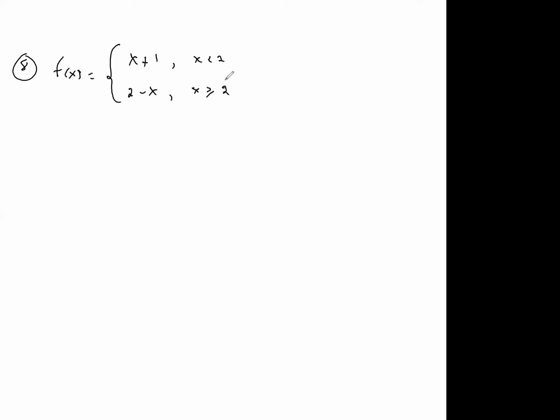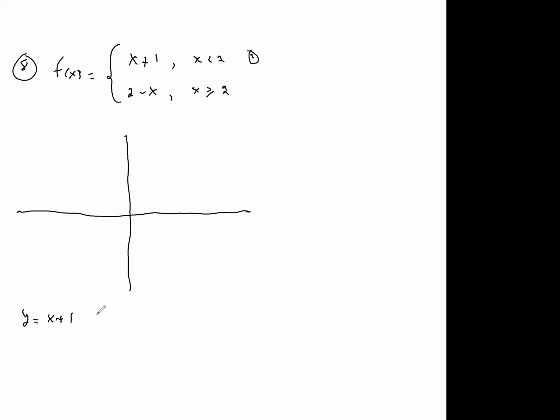Okay, now we have a piecewise function. We have 2 functions at the same time. We have to graph 2 functions on the same plane, but we have to find only 1 function. Let me call this one the first one. We have y is equal to x plus 1.